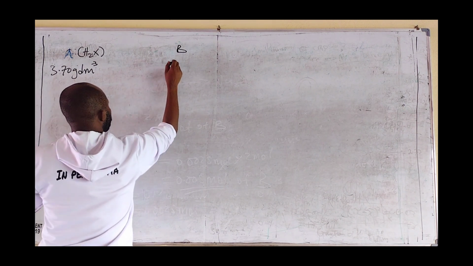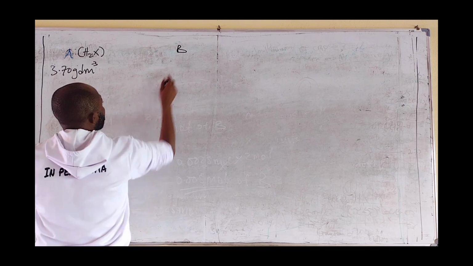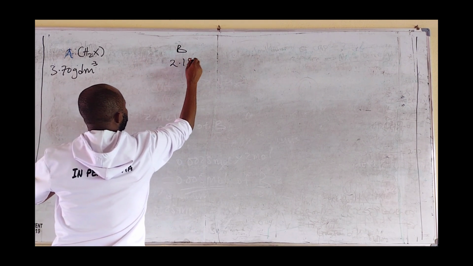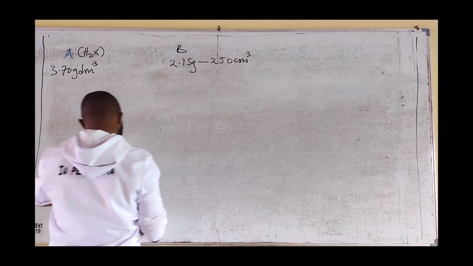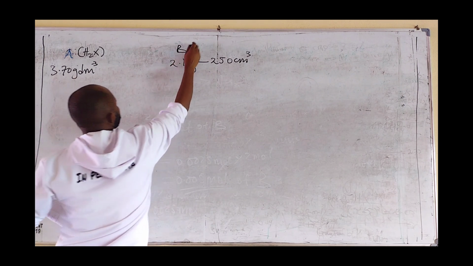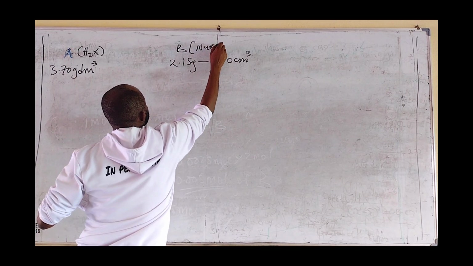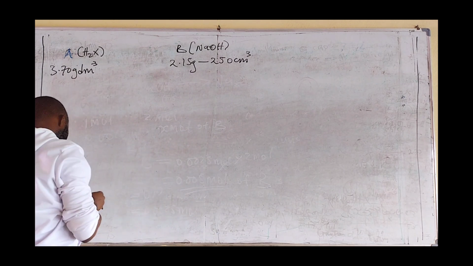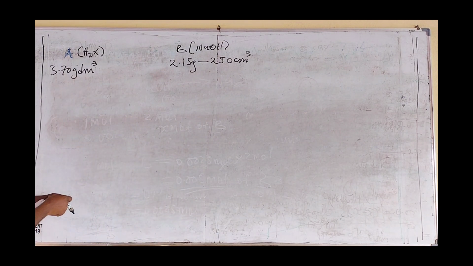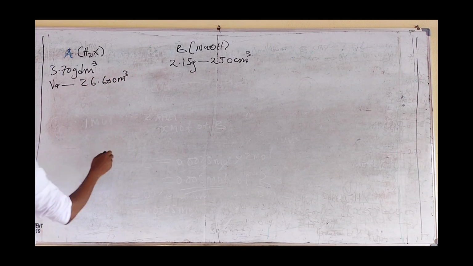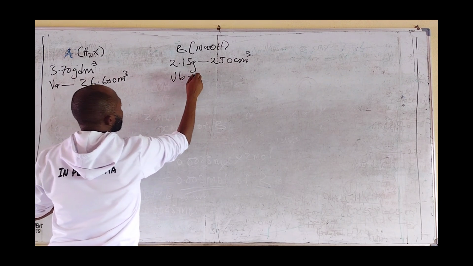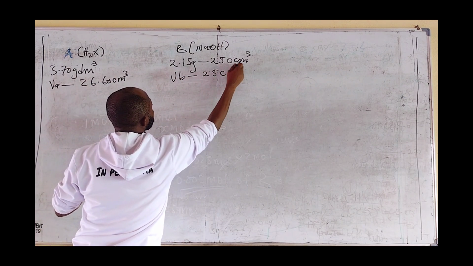B is 2.15 gram in 250 cm³ of sodium hydroxide. So here we have sodium hydroxide. Now, the volume of the acid, VA, at the end of the titration, is given to be 26.60 cm³. The volume of the base, VB, is 25 cm³.